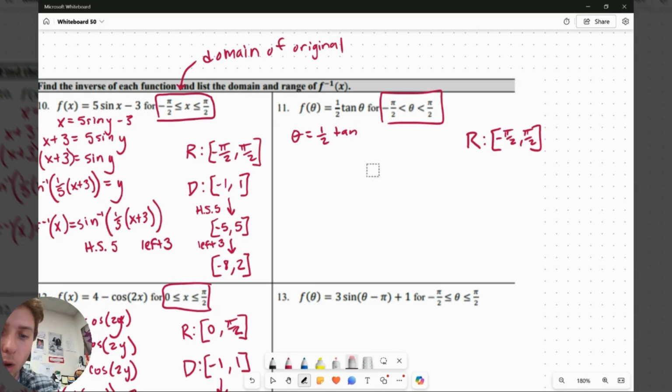Switch theta and y in this case. Notice they are not using an x value. They're using theta instead. Multiply the 2 over. Get rid of tangent by taking its inverse. And now we have our function. Let's put it into our inverse function notation.